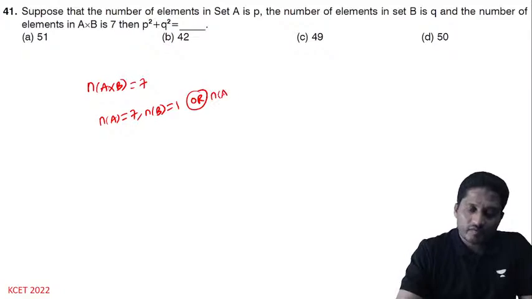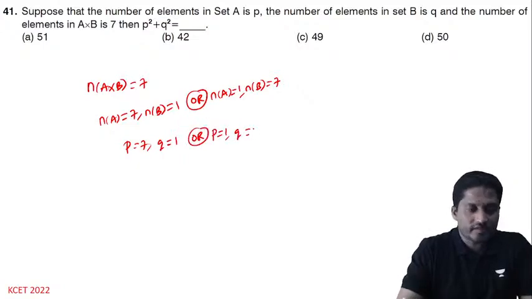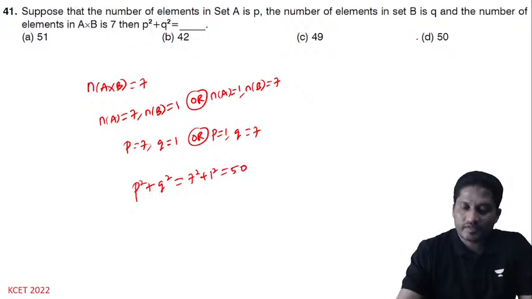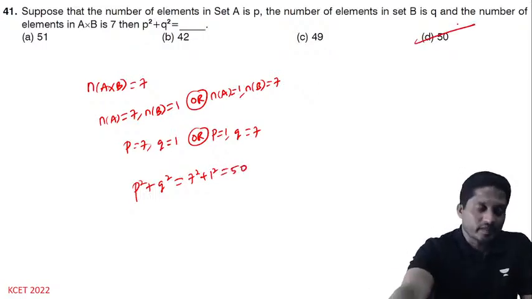N of A is equal to 1 and n of B is equal to 7. So this means that P is equal to 7, Q is equal to 1. Or it can be P equal to 1 and Q is equal to 7. P square plus Q square, both the cases 7 square plus 1 square or 1 square plus 7 square. Answer is 50. It's a simple question.